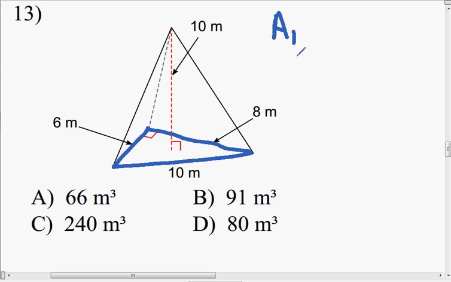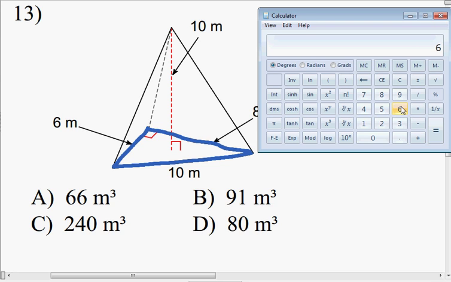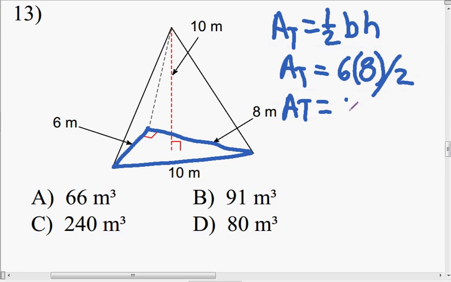Area of the triangle equals 1/2 base times height, or 6 times 8, and instead of multiplying by 1/2, I divide by 2. Area of the triangle equals 6 times 8 divided by 2, which is 24.